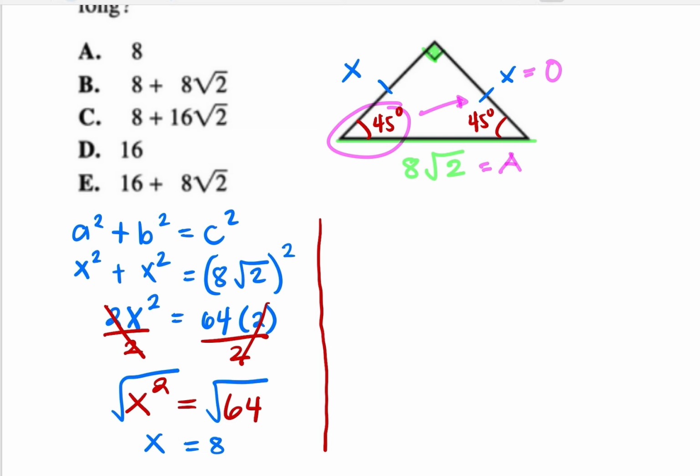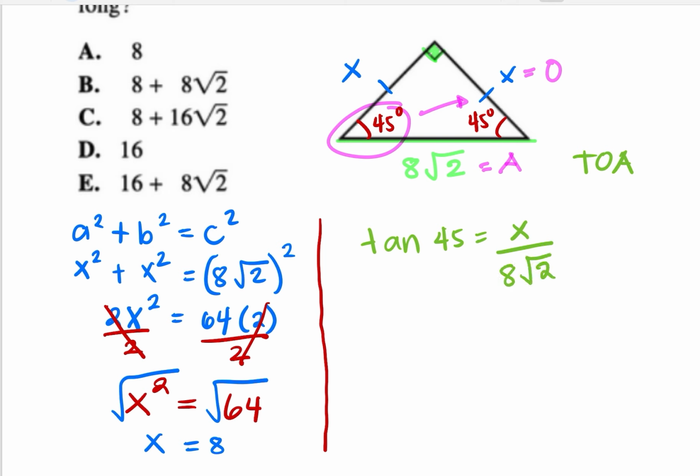Because we have O and A, we are going to use TOA. So tangent 45 equals the opposite, x, the unknown, over the adjacent, 8 square root of 2.